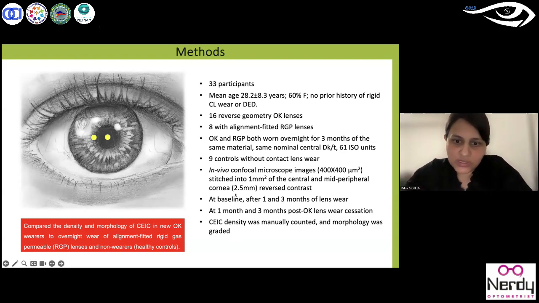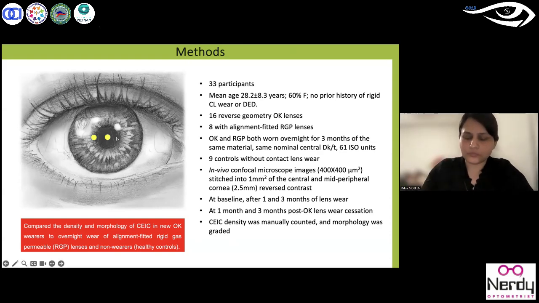As we were also interested in knowing whether, if these cells have left the cornea, they come back, we examined the orthokeratology lens wearers after 1 month and 3 months of stopping lens wear. Then again, we examined the immune cell density. We counted them, and we used our morphology grading system to grade these cells.